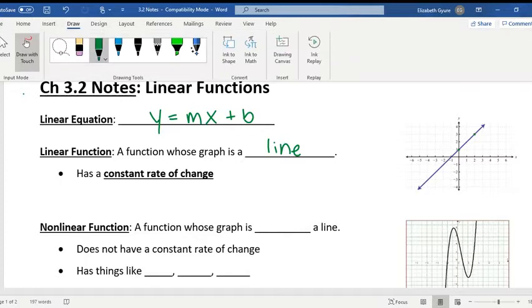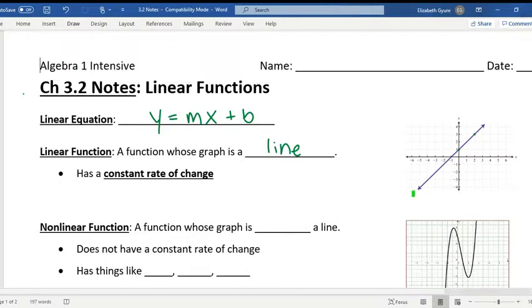If you take a look at this picture here on the right, we have a nice straight line. That is an example of a linear function. It could be going up, it can be going down, it could be horizontal, it could be vertical, it doesn't matter. But that is a linear function.